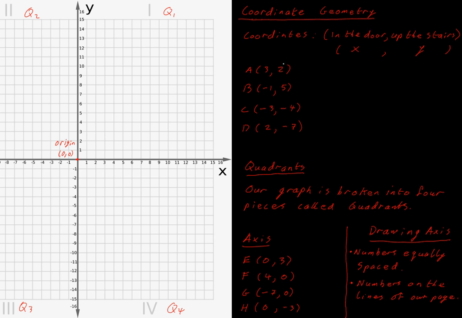To give you an example, if I want to know where A is, I would say that A is at x is 3 and y is 2. I can see my x and my y here. These are my rulers that allow me to measure where my location is in two different directions. x is my distance away from the origin, from 0, 0, on the side to side measurement, and I've got a ruler going up and down as well, so that I can measure exactly where I am on a sheet of paper.